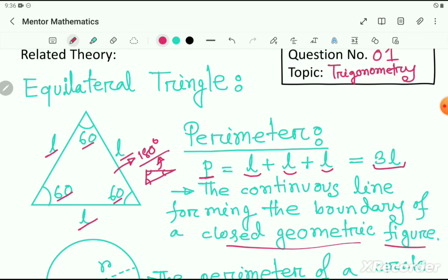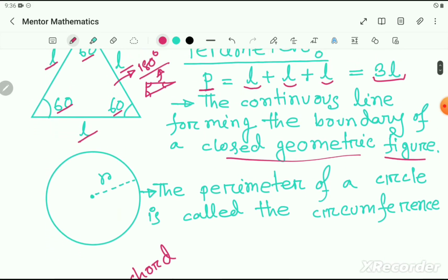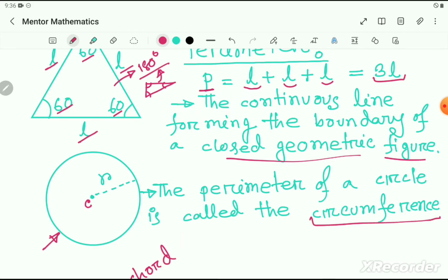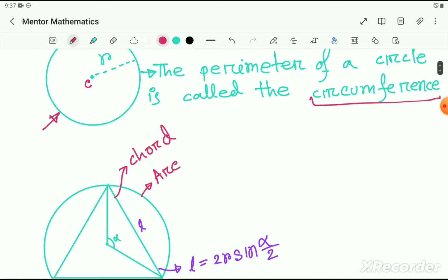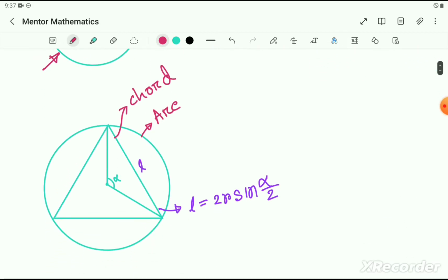But in the case of a circle, this point is the center, and the radius of this circle is r. For this particular circle, the perimeter is called the circumference. So circumference and perimeter are actually the same term, but circumference is meant for the perimeter of a circle. Just remember it. Now come to the question.